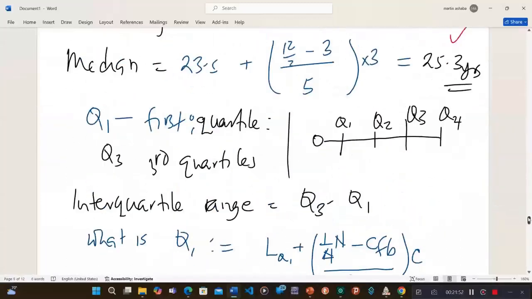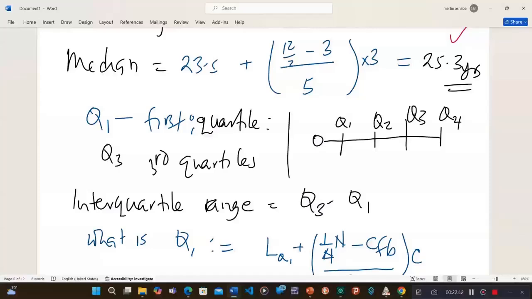Then the other issue is to look at the quartiles. So the data set can be grouped into the first quartile, the second quartile, the third quartile, the fourth quartile. From the first quartile to the third quartile is what is always very important.